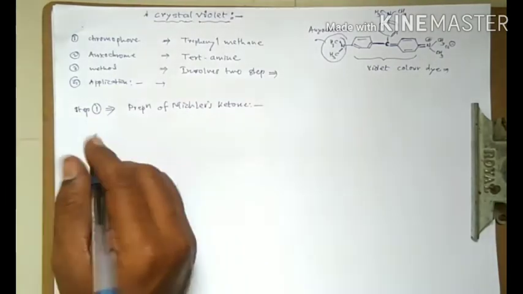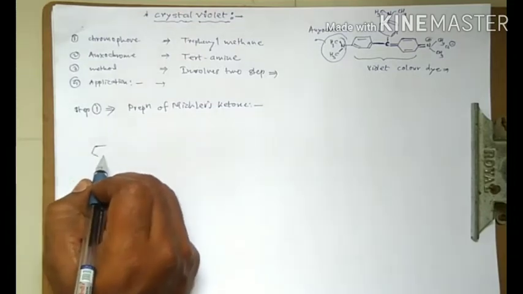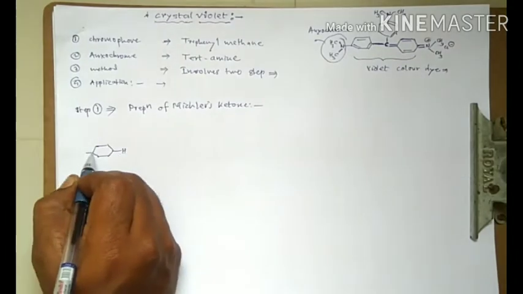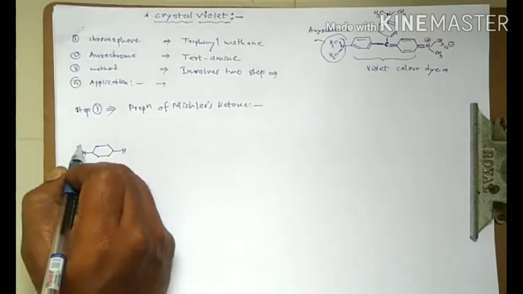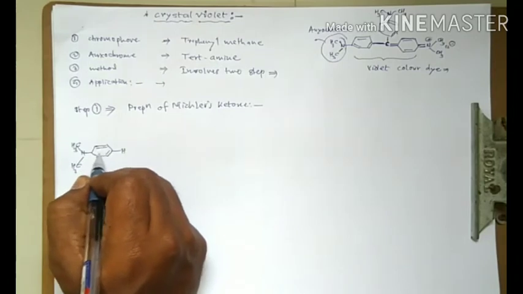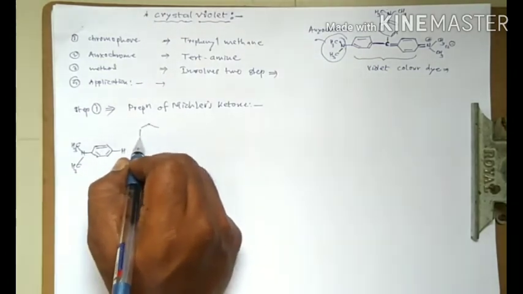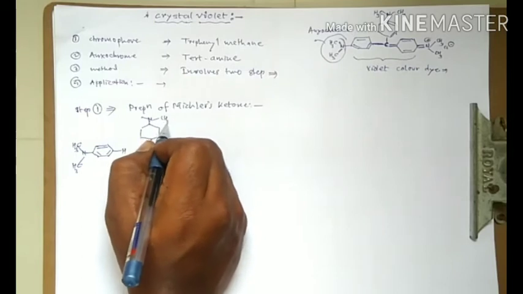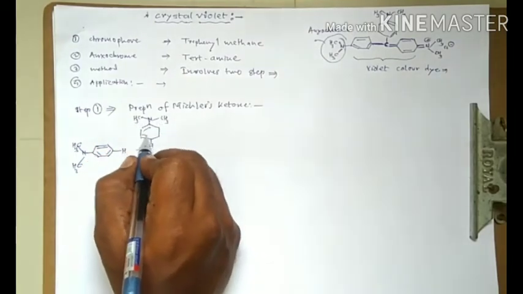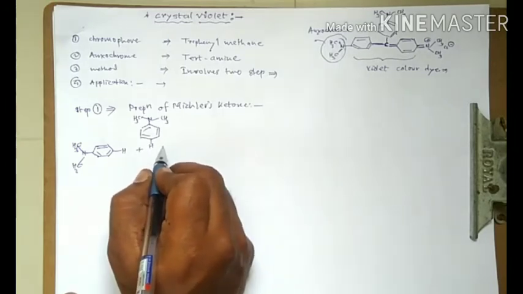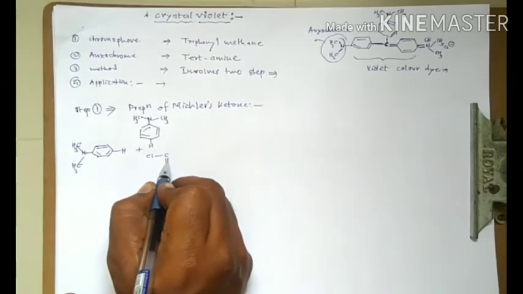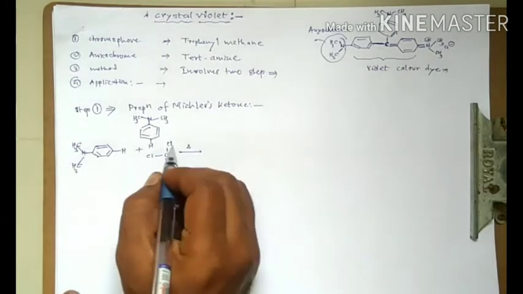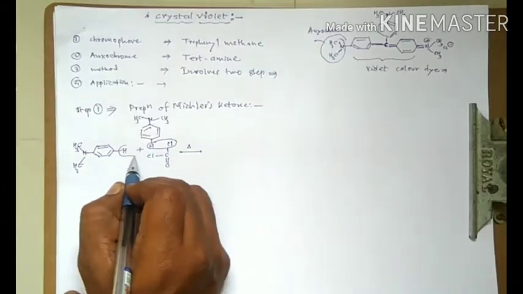How is it prepared? It is a very simple one. We have to take two equivalents of dimethyl aniline, which when reacts with carbonyl chloride leads to formation of Michler's ketone with the elimination of a simple HCl molecule.